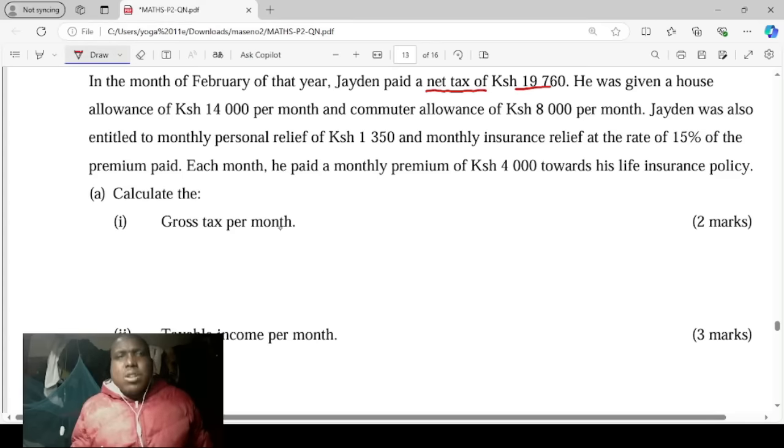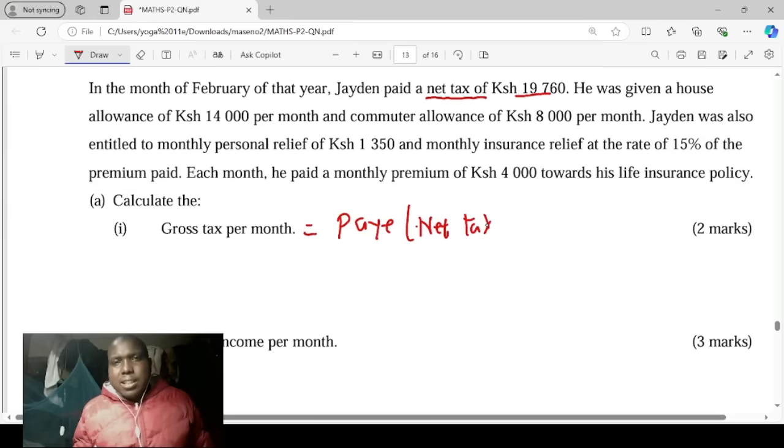We know that gross tax is equal to pay or net tax plus reliefs, because pay is equal to gross tax minus relief.